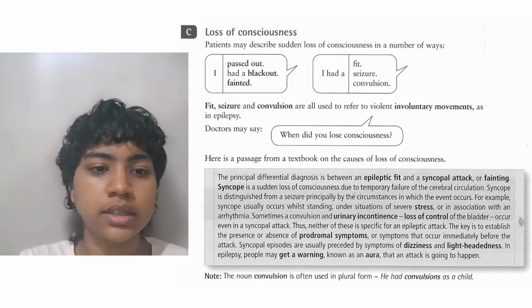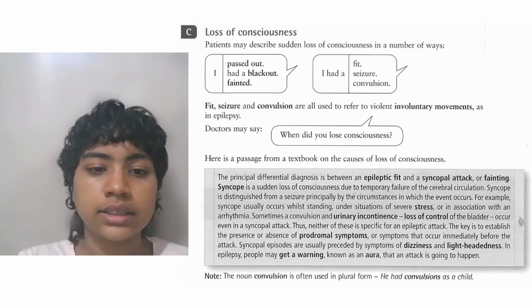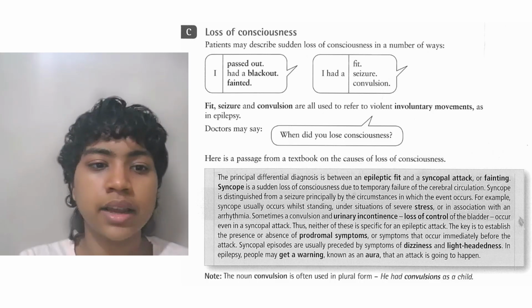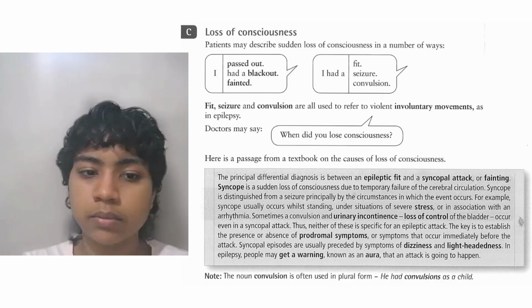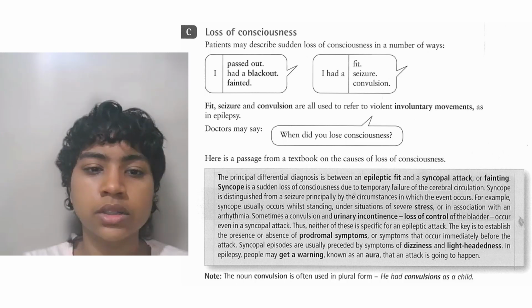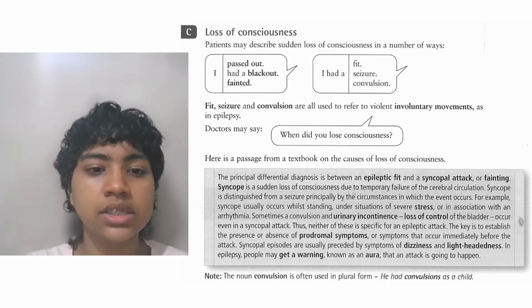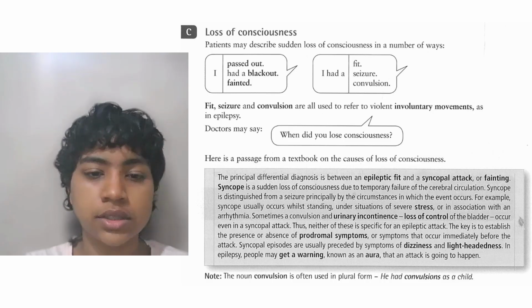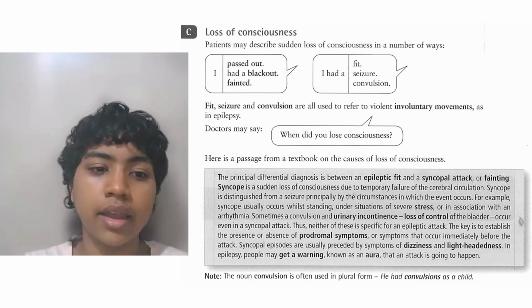Syncope is distinguished from a seizure principally by the circumstances in which the event occurs. For example, syncope usually occurs whilst standing, under situations of severe stress, or in association with an arrhythmia.